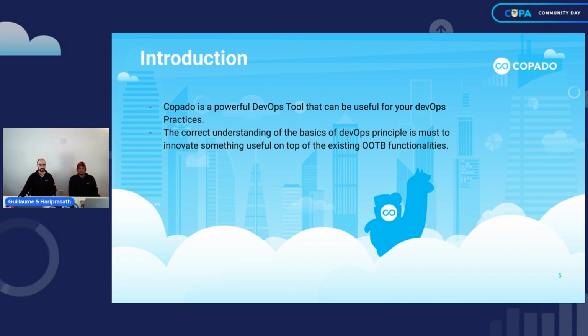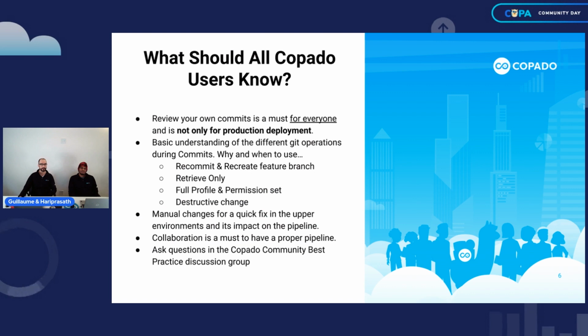And the next slide. So what should all Copado users know? It's a broad question that all developers need to consider before using the Copado tool. The first thing is all developers should know how they can review their commits, and how they can review the feature branches and the promotion branches before doing the deployment.